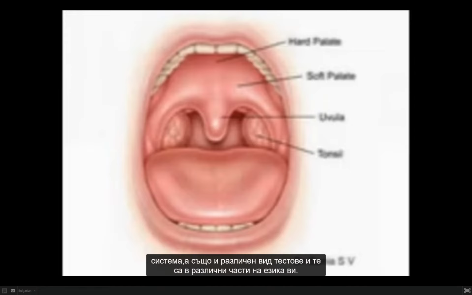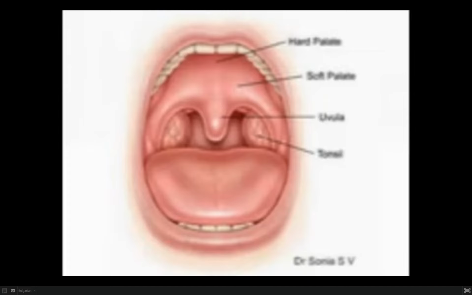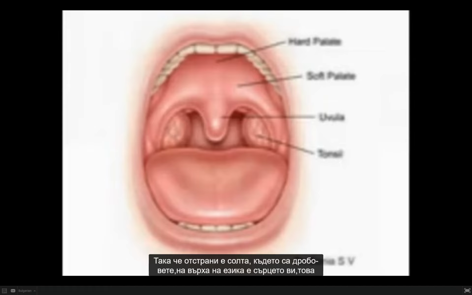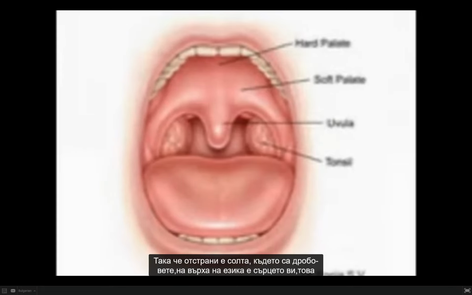Different kinds of taste are represented by different papillae, sensors of different tastes in different parts of your tongue. On the sides is salt, where your lungs are; on the tip is your heart, and this is for sweet; and the root of your tongue is, how do you say in English, like vinegar? Yeah, sour is the root of your tongue.